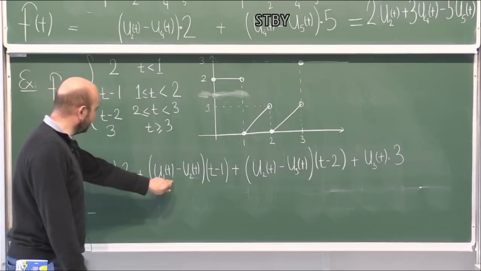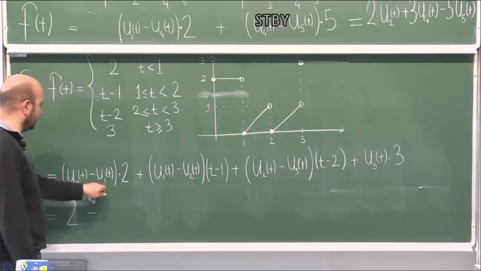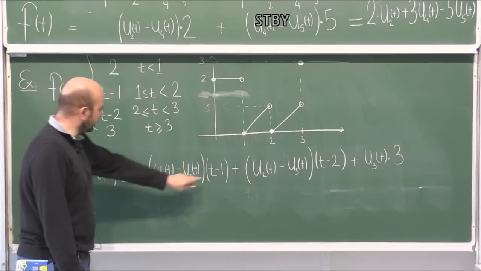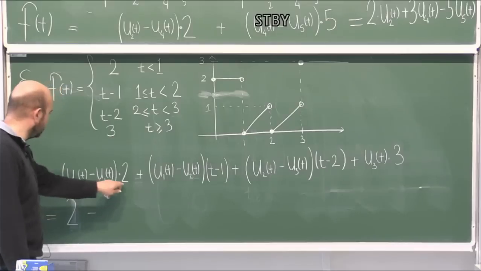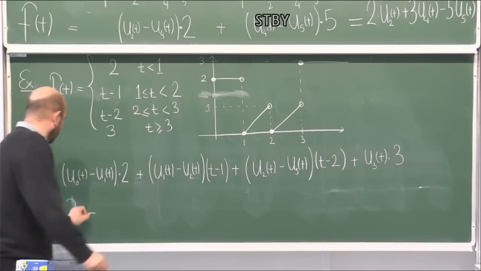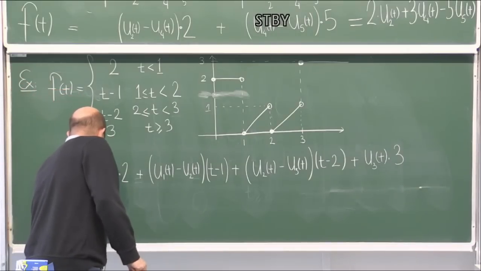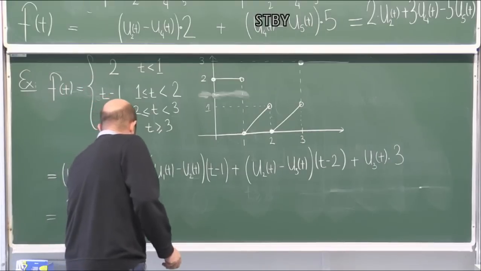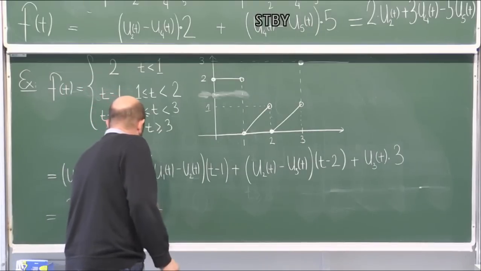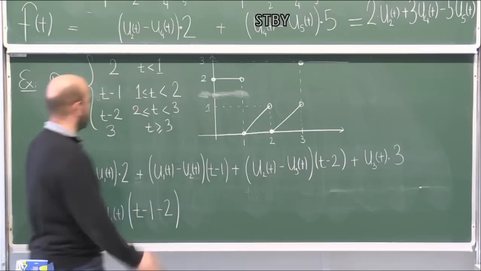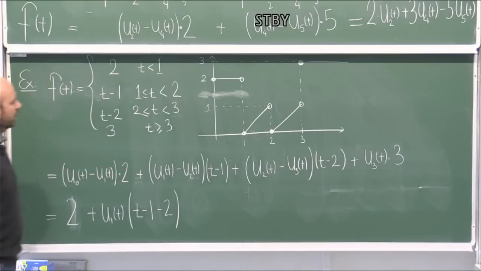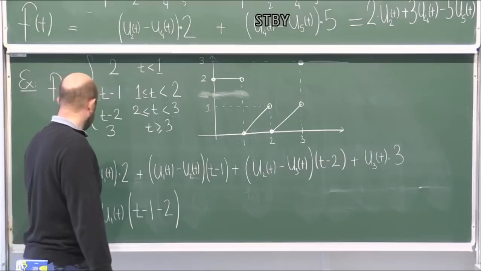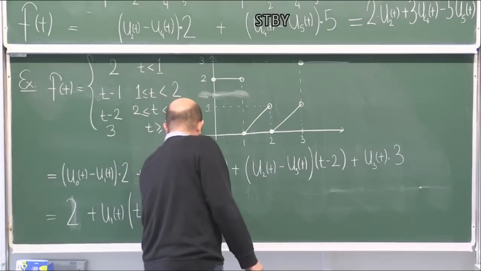We have U1t here, and we have another U1t here. And here it says that t minus 1. Here it says that minus 2. So if you write now U1t, which is multiplied by t minus 1 minus 2. Now I'm adding these things. And now there's U2.